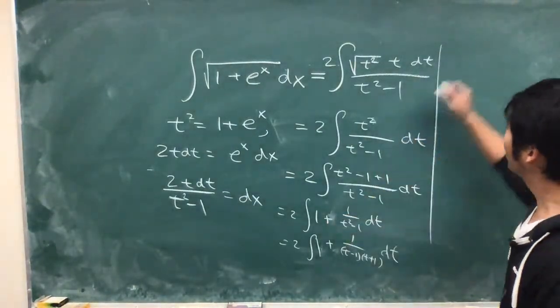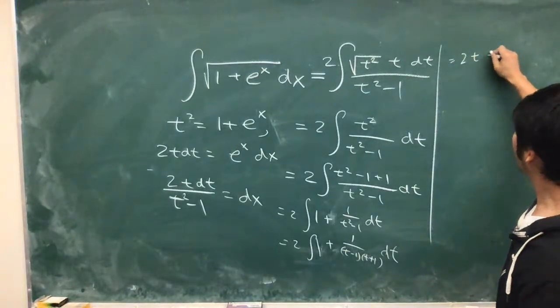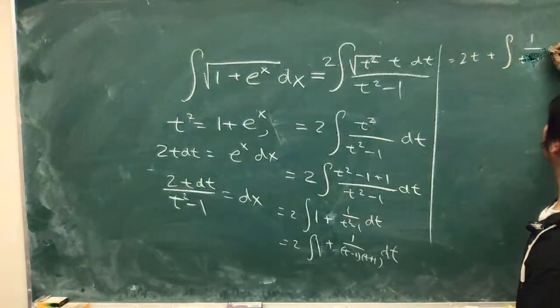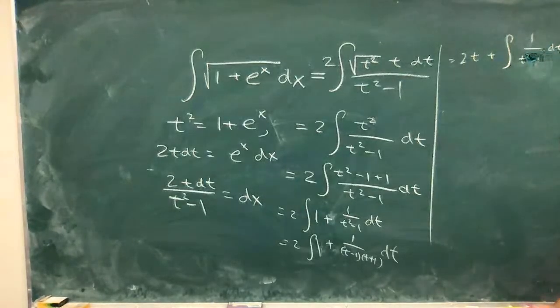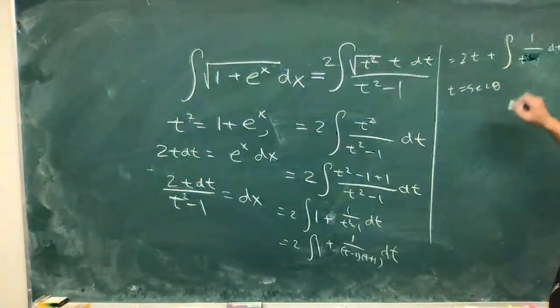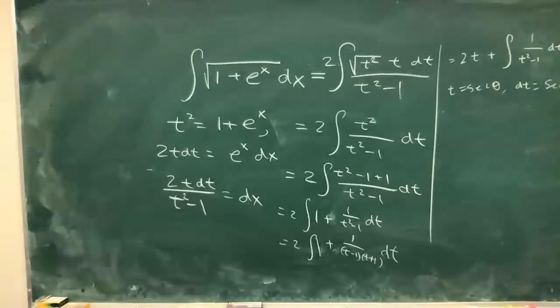So we can integrate this. This is going to be 2t plus the integral of 1 over t squared minus 1 dt. So if we let t equal secant theta, then dt is secant theta tangent theta. Oh, maybe that's a bad idea.